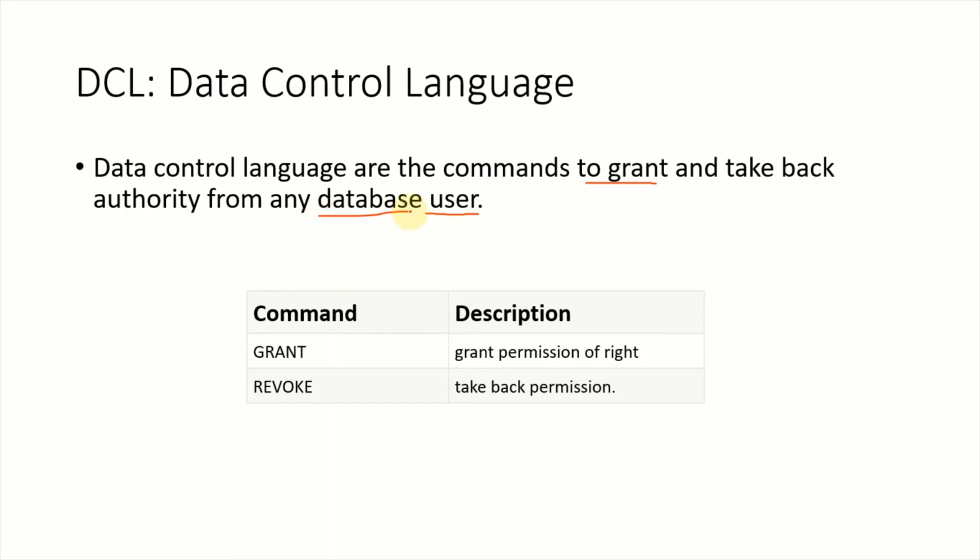Usually a database is accessed by many users, so we can grant these users some privileges, or we can bind these users to use some particular data and not access the entire data. For that purpose we have grant and revoke queries. Grant is used to grant permissions on any object to a particular user, and revoke is used to take back the granted permissions.